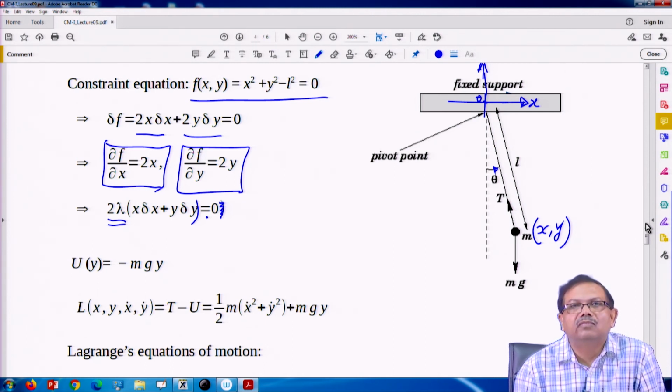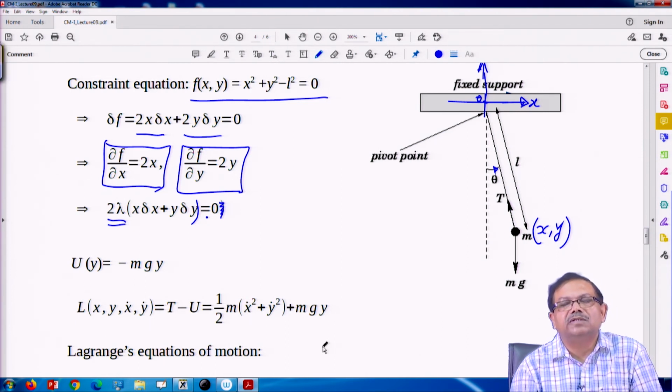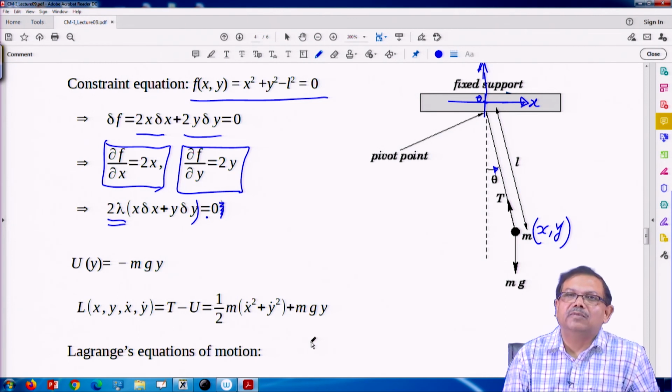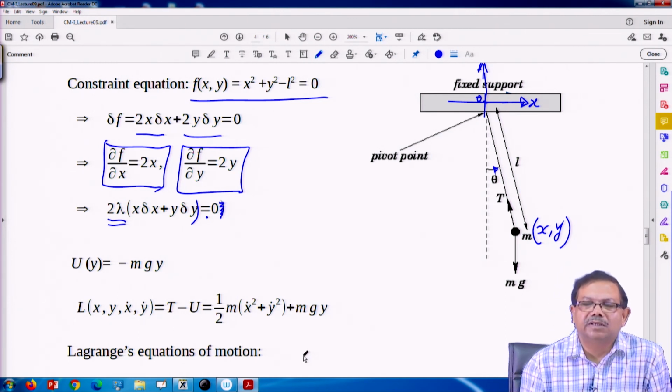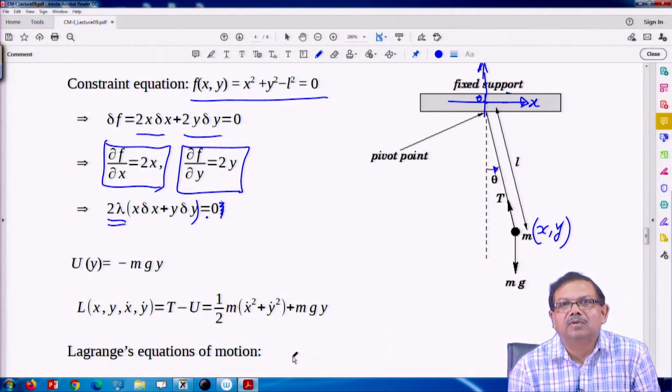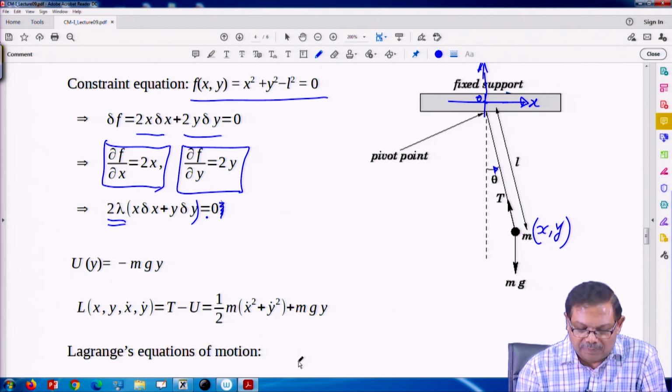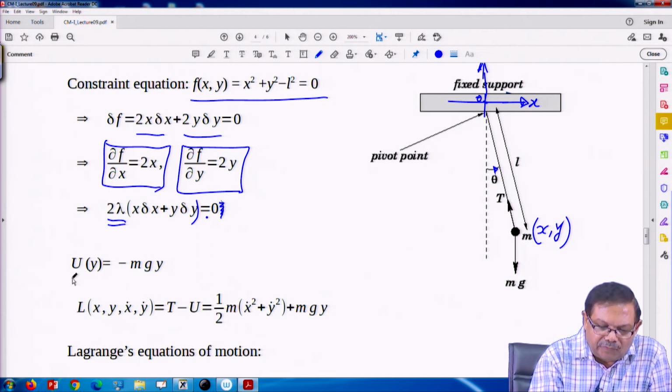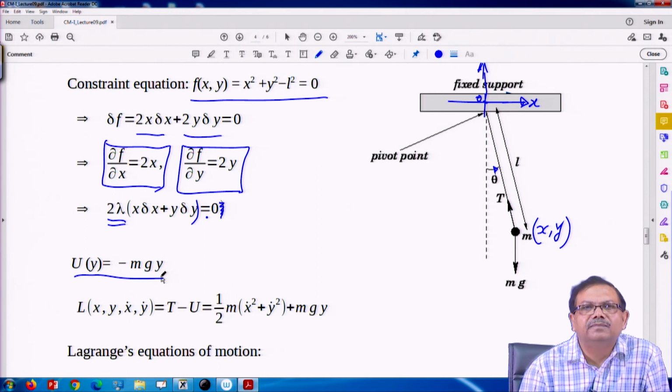Here there is one generalized coordinate, and there the generalized coordinate was one of the variables x 1 or x 2, because x 2 is fixed as soon as x 1 is taken. L minus x 1 was x 2 in the problem of Atwood's machine. So, here this is my potential energy.